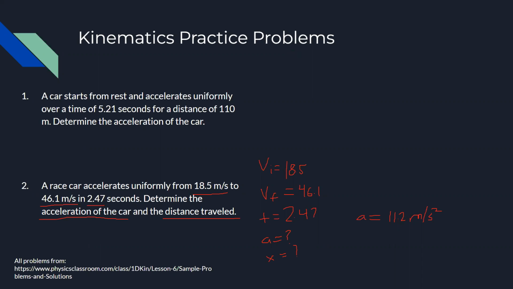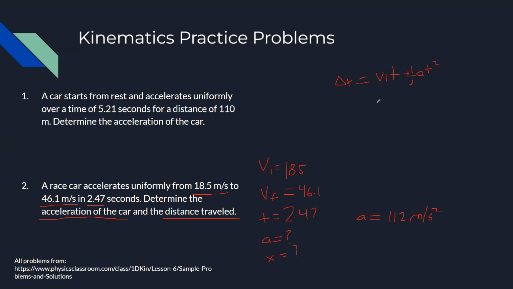So why not let's use delta x, which is the distance traveled, final distance minus initial distance. And so delta x equals v initial t plus 1/2 a t squared. I apologize for the bad handwriting.